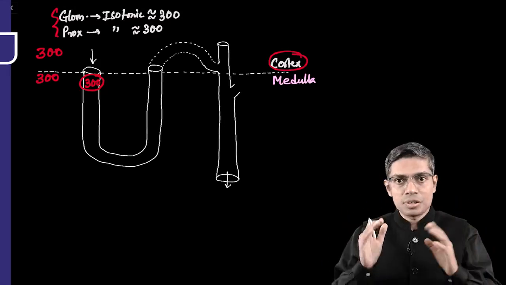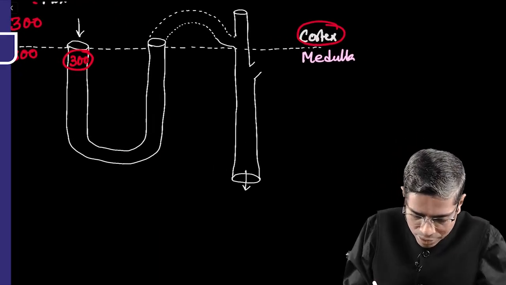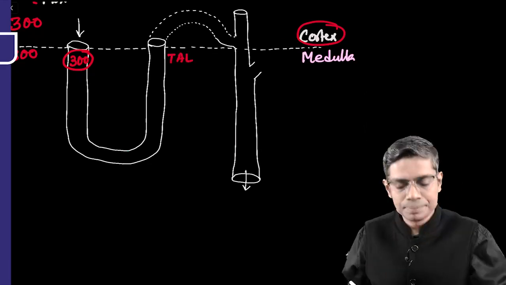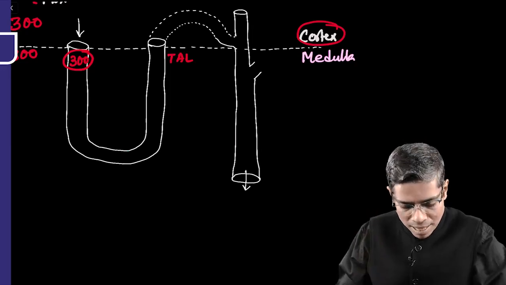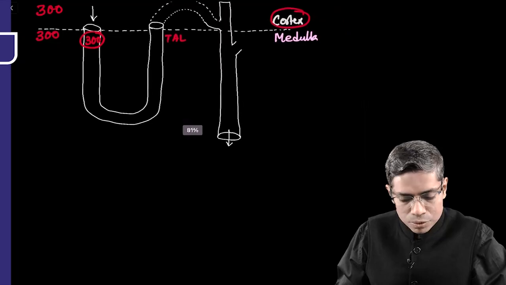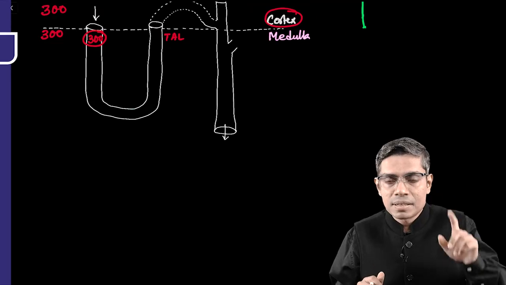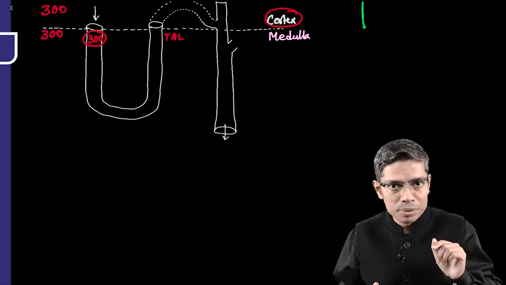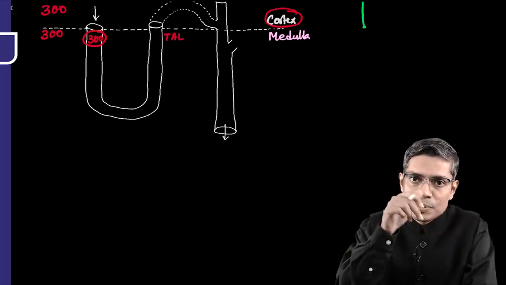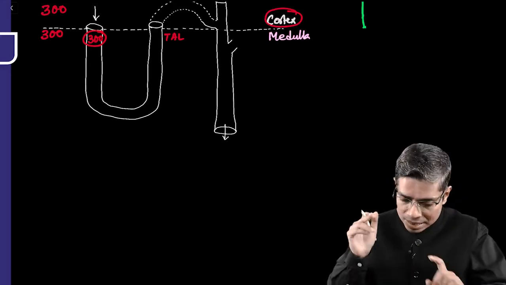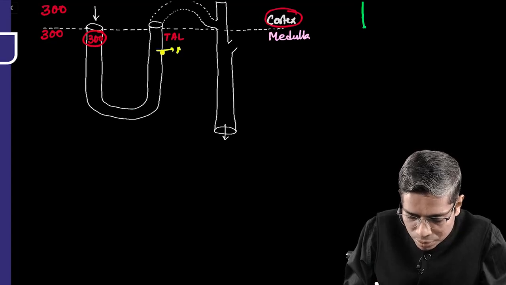Whenever this isotonic solution is passing through the TAL, I hope all of you know that this is the TAL. What is going to happen? The TAL is going to absorb sodium and chloride along with potassium. The transporter is NKCC, I hope you remember. But after reabsorption, I told you the potassium diffuses back into the lumen. So ultimately, the TAL is absorbing which molecules?